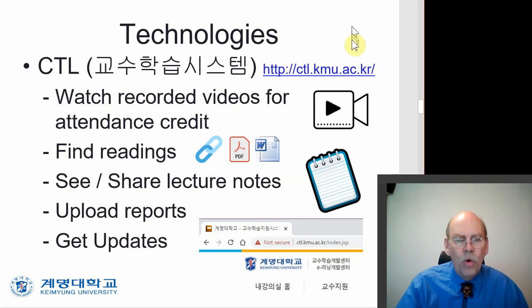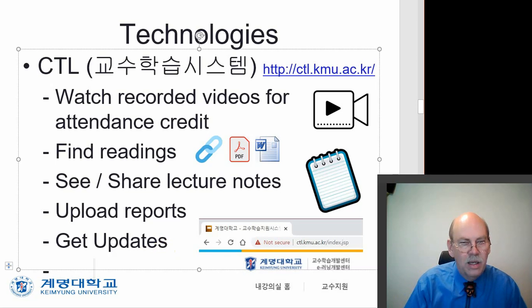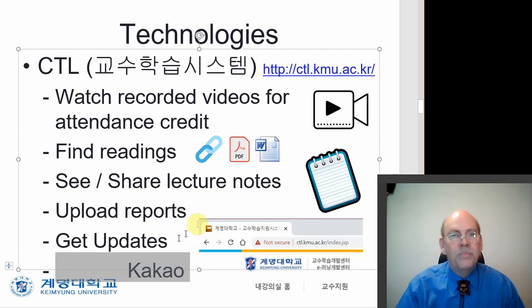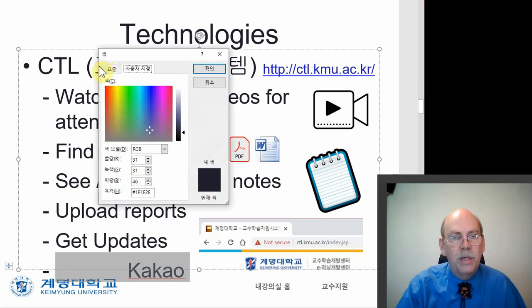Now there is one more thing that I didn't put here. I'm going to write it in now. And that is Kakao. Some people are going to choose to use the Kakao system. And that's okay too. I don't like that color. Let's choose a better color.